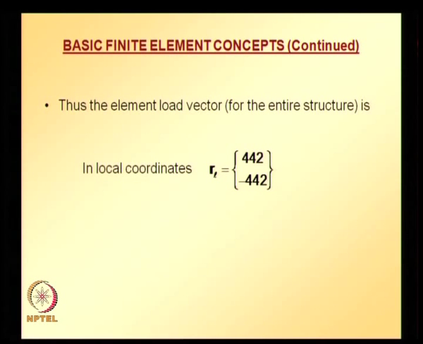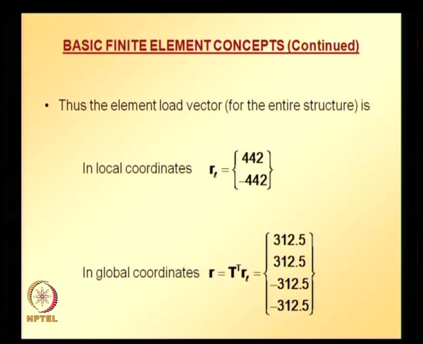So, the first component is positive and the second component is acting in the opposite direction, so a negative sign is appended to it. So, in the local coordinate system RL is given by this. We already know what the transformation matrix is, so we can calculate what the load vector is in the global coordinate system.